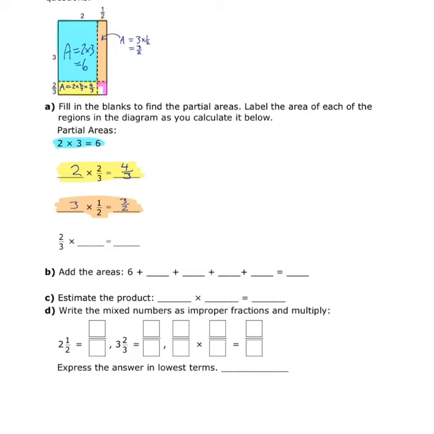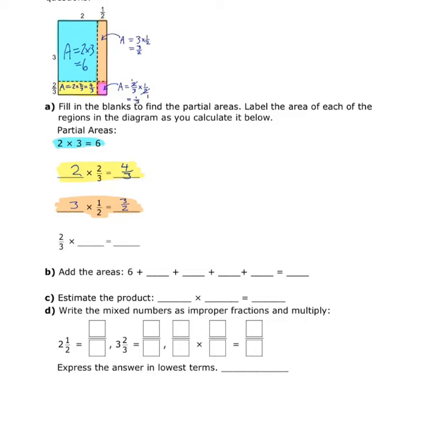So this little rectangular spot there, this has an area of 2/3 times 1/2. And when we do 2/3 times 1/2, there is a factor of 2 that divides out here and there. So we end up with an area of 1 times 1 is 1, and 3 times 1 is 3.